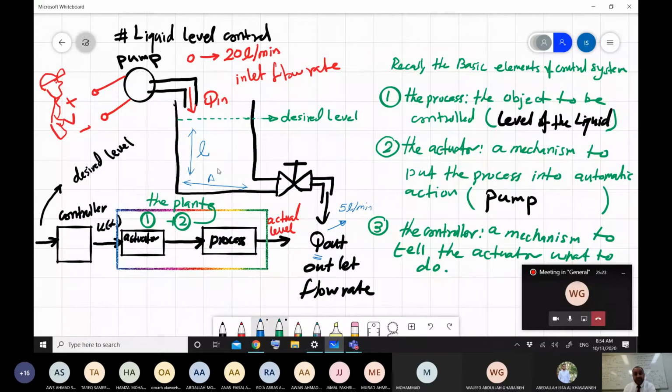So someone will say, I can inject here how much? I can start with the maximum, 20 liters per minute. Yeah. So simply let's assume that this tank needs 100 liters to fill it until the desired level, according to our calculation.